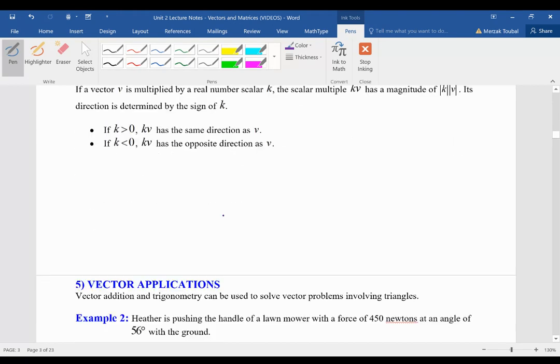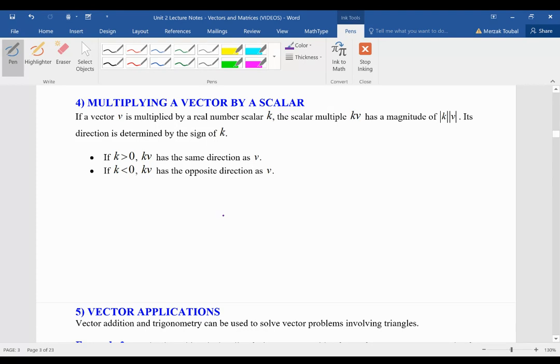Next concept will be multiplying a vector by a scalar, meaning multiplying a vector by some number, and that, of course, changes the magnitude of the vector, but also can change the direction of the vector.